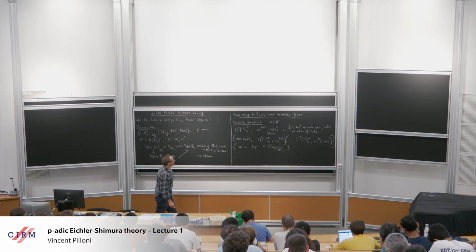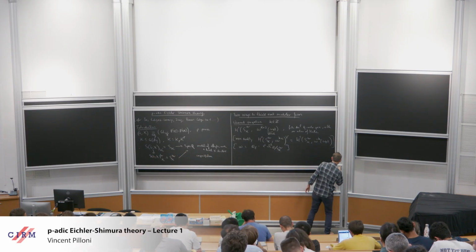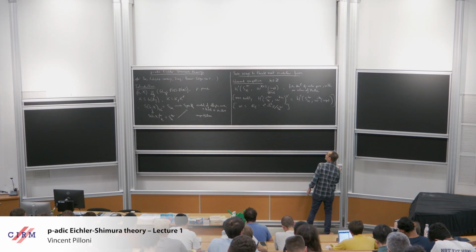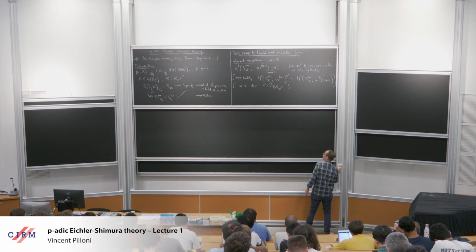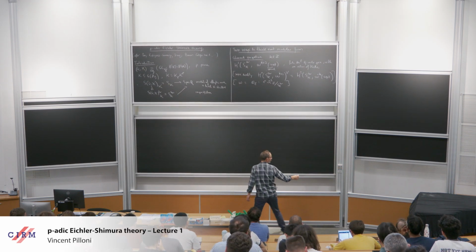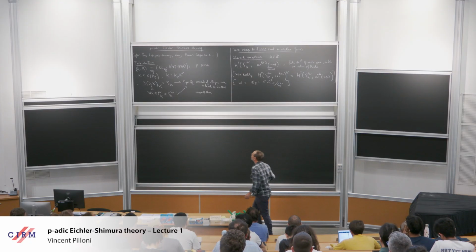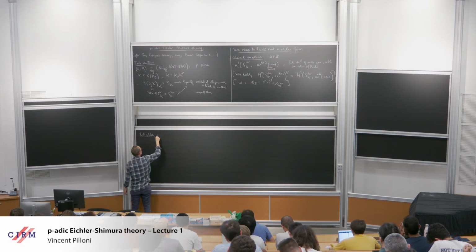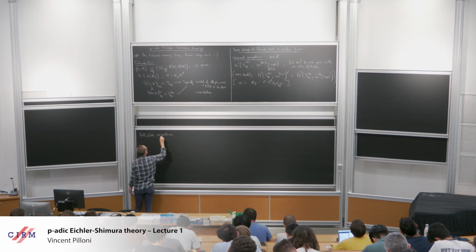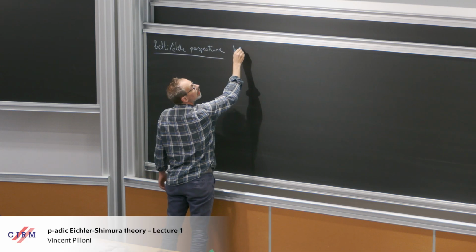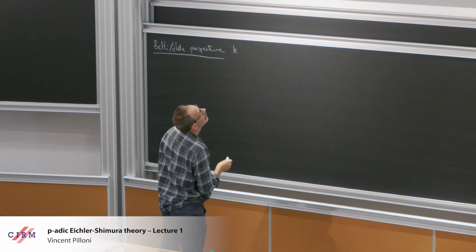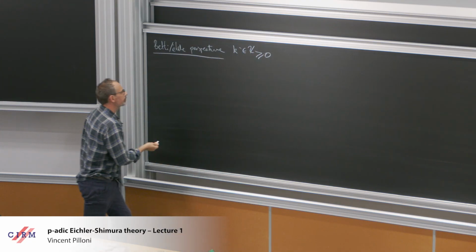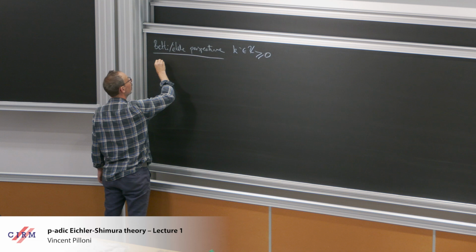And then there's the Betti perspective. That's another way to think about them. Now k is bigger than or equal to 0.